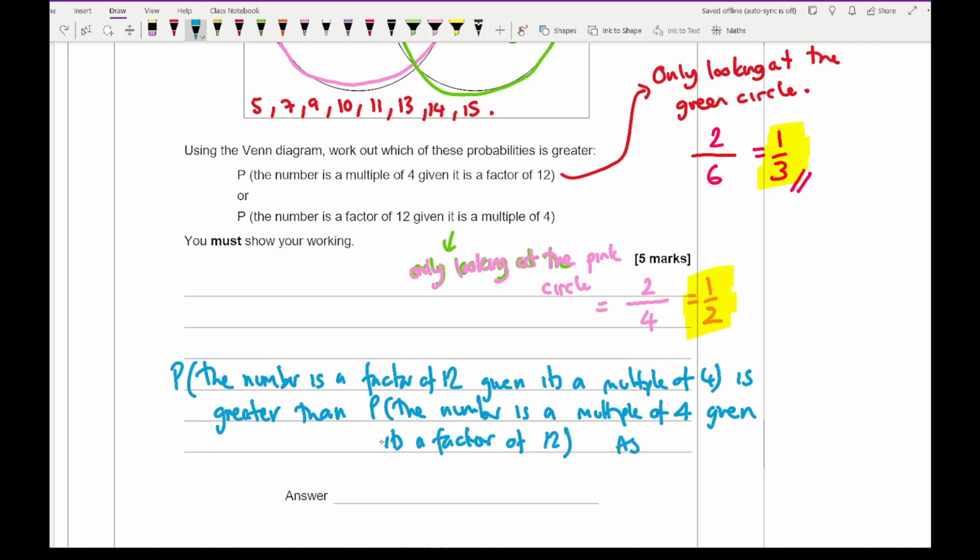And that's it, because a half is greater than a third. So that is what I would write as my final answer, which is a bit of a waffle, but it is important that you write it because it has asked you to work out which of these probabilities is greater.